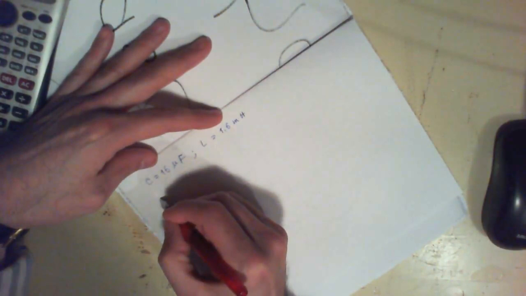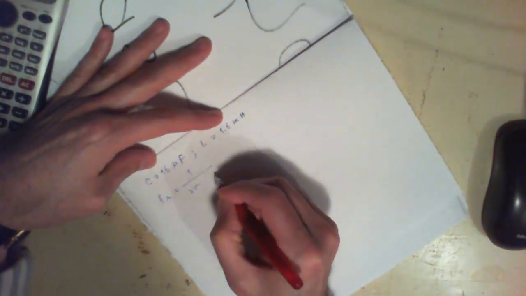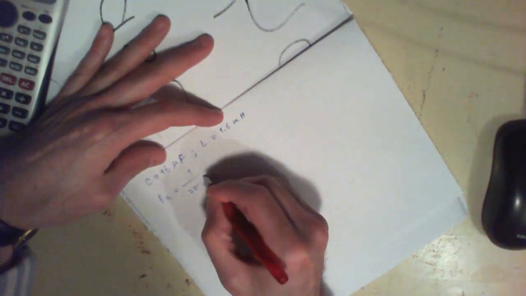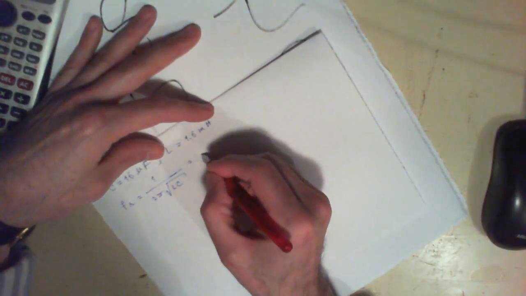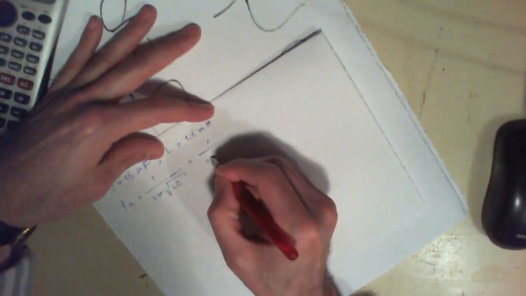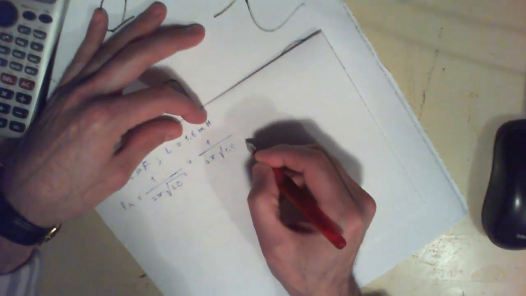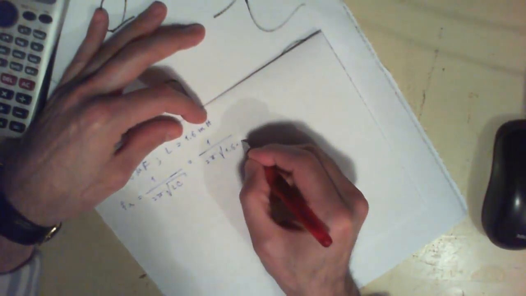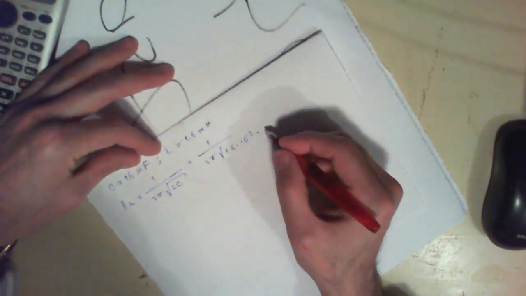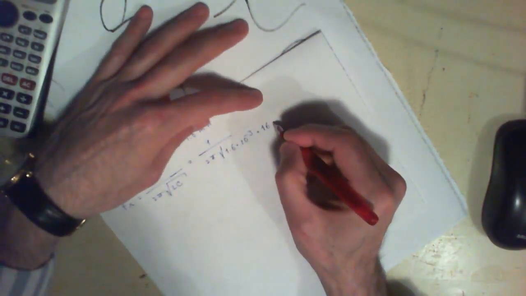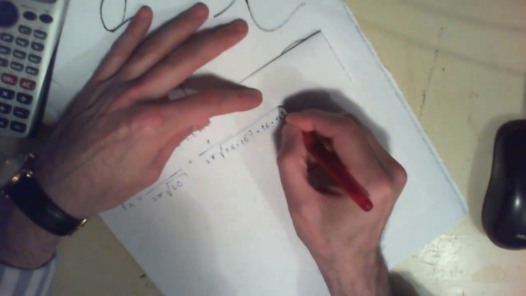In that case, your resonant frequency is 1 over 2 pi the square root of LC, which is equal to 1 over 2 pi the square root of L, which is 1.6 millihenry, so 1.6 times 10 raised to the power negative 3 Henry, times your C, which is 16 microfarad, so 16 into 10 raised to the power negative 6 farad.